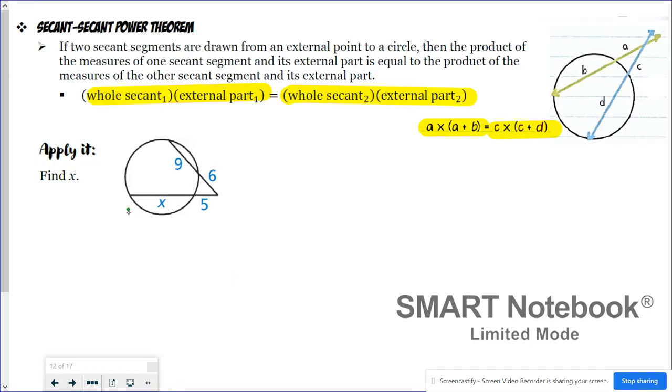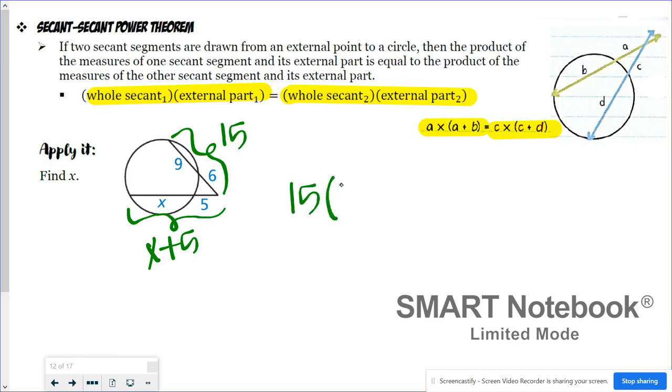So like here in the apply it, this bottom secant, the whole thing would be x plus 5. And then the secant on top, the whole thing would be 9 plus 6, which is 15. Okay, so writing it out, I have the whole secant, which is 15, times its external part, which is 6, is equal to the whole secant, which is x plus 5, times its external part, which is 5.